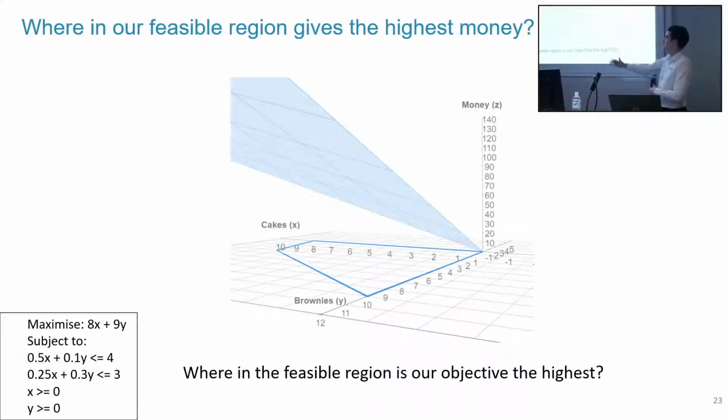So we're going to be looking at the edges because we're just going to keep going and making more and more money until we run out of one ingredient. We're going to head in some direction. We're going to run out of flour, and that corresponds to some amount of money. Or we're going to keep going in the sugar direction, and we're going to run out of sugar first. So we're just always going to be moving away from origin, making more and more money until we hit a boundary.